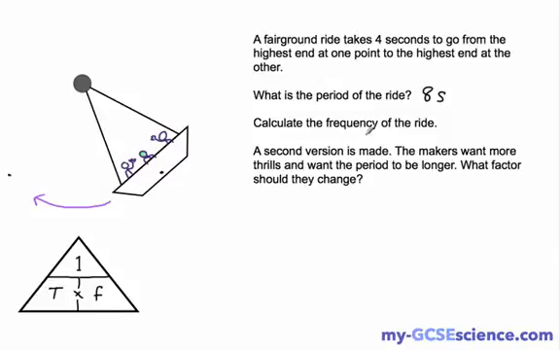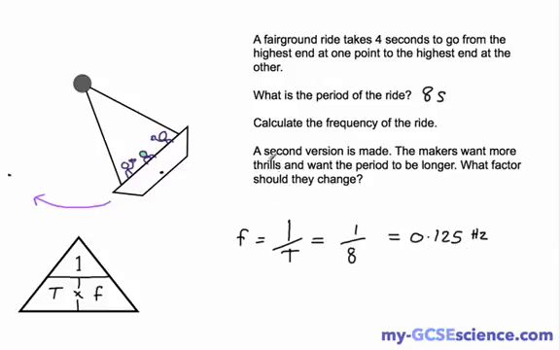But if you look, the frequency, this is the one we want, so the frequency is 1 divided by T, and we now know that T is 8, so frequency is 1 over 8, and I believe that is 0.125, and it's frequency, so it's cycles per second. And you may remember from previous videos that cycles per second is another way of saying hertz. So the frequency there would be 0.125 hertz.